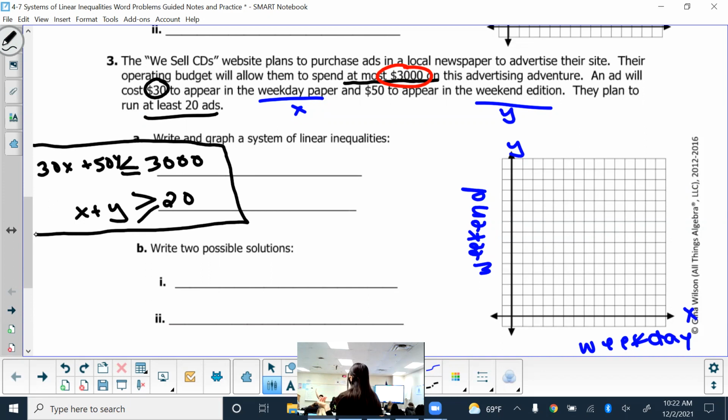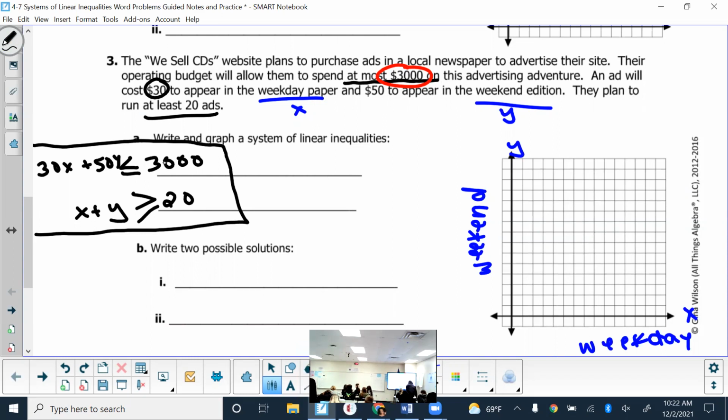They ask you to model it really quickly. And the other part would be to graph it and pick a possible solution. So what form did they need to be in? Slope-intercept form. How do you get y by itself?